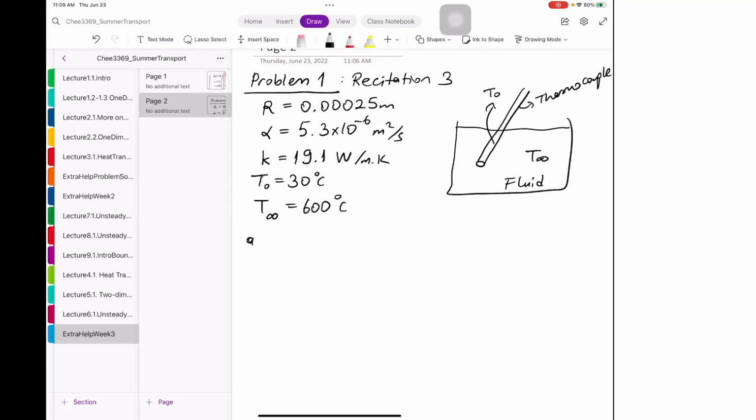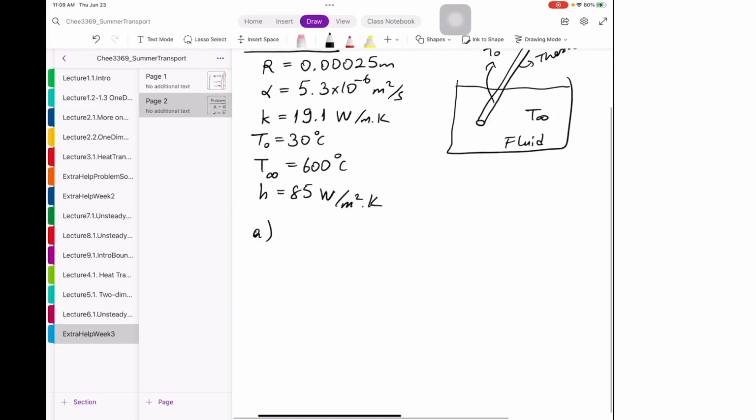In part A, if the convective heat transfer coefficient between the wire and the fluid, H, is given as 85 watts per meter squared Kelvin, determine whether you can apply the lumped heat transfer method to solve for the thermocouple temperature.